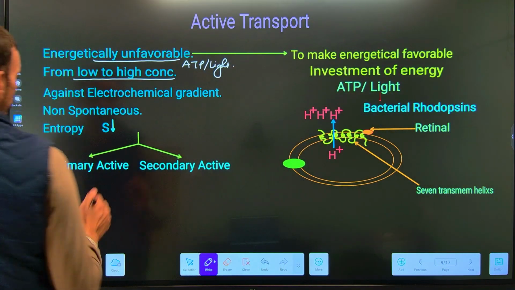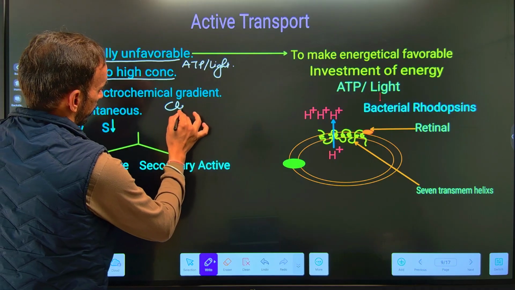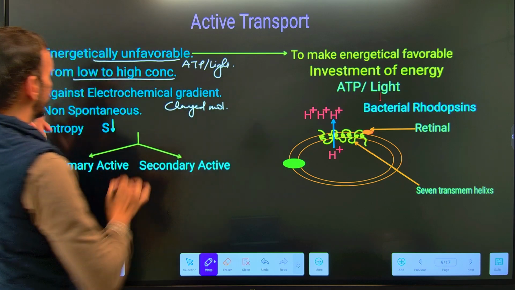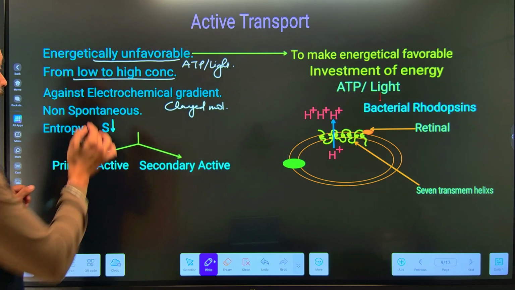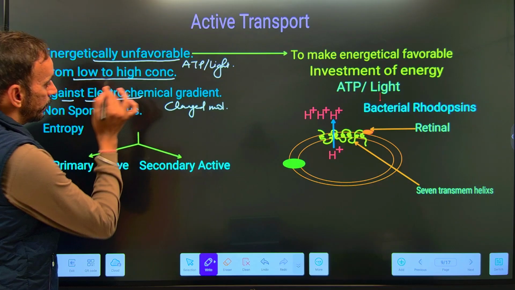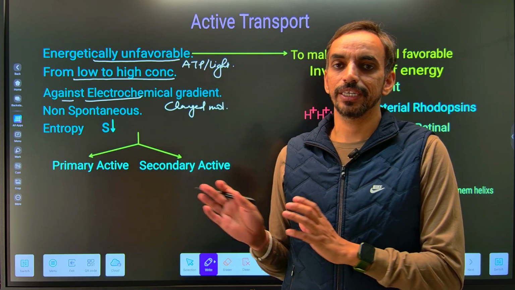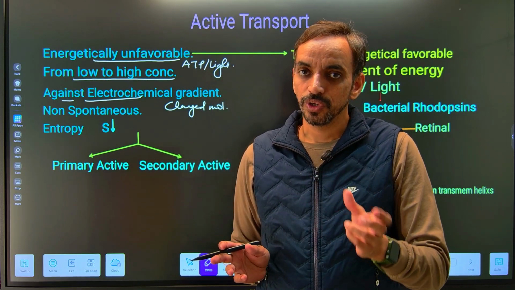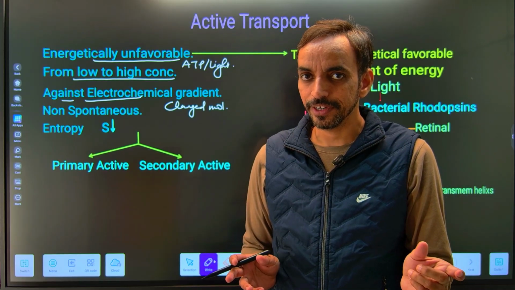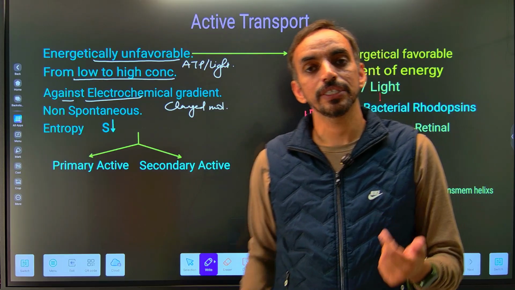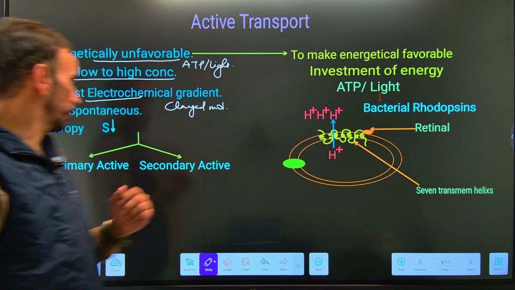And if we talk about charged molecules, then the movement is against the electrochemical gradient. As we discussed in the previous video, the electrical plus concentrational gradient is known as the electrochemical gradient. There the movement was along the electrochemical gradient, here it will be against the electrochemical gradient because it is an active transportation process.